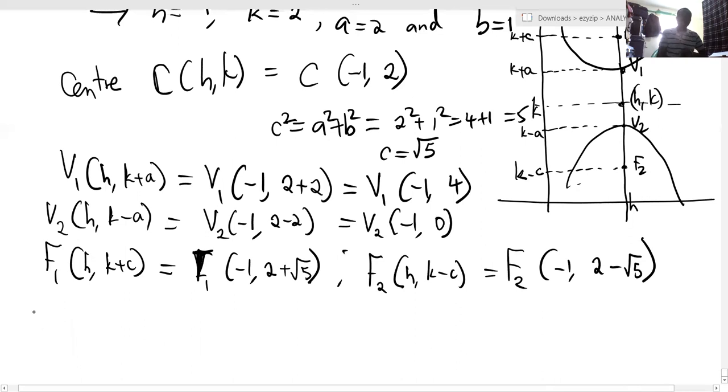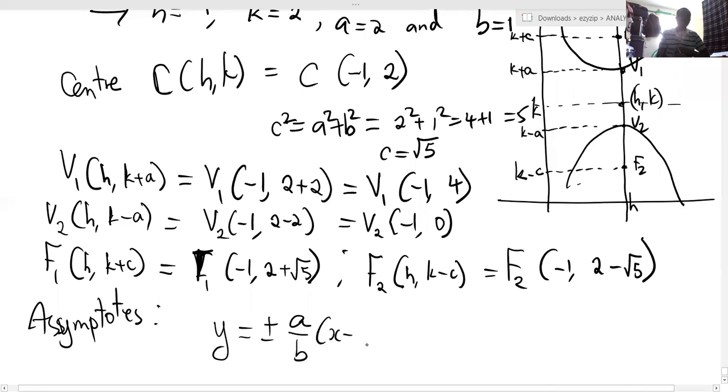And asymptotes. Remember from our earlier discussion, when the transverse axis is parallel to the y-axis, then the equations of the asymptotes are y equals plus or minus a over b into x minus h, plus k.